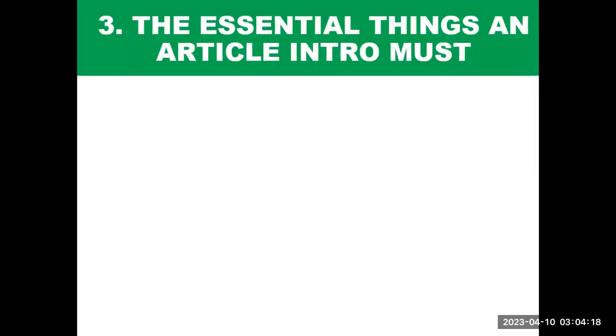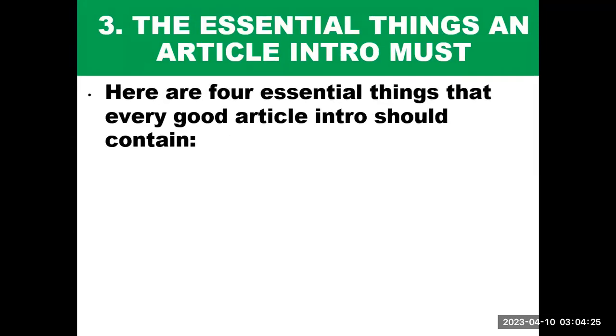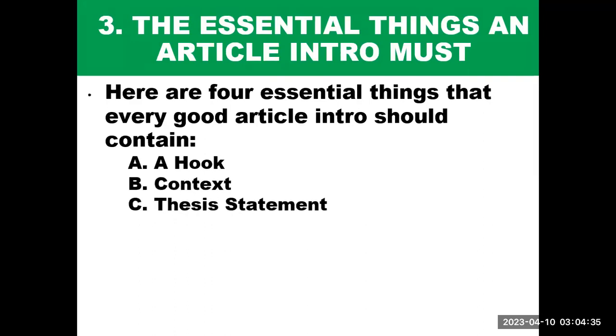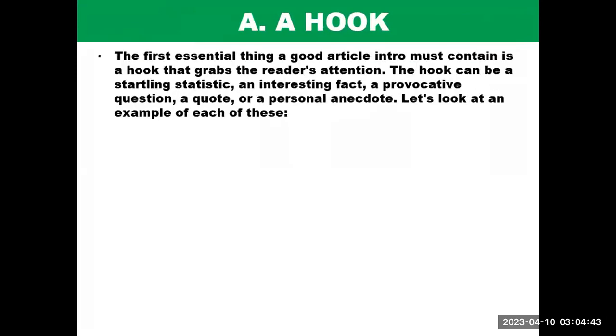Now, let's begin to examine the essential things an article intro must contain. Here are 4 essential things that every good article intro should contain: A, hook; B, context; C, thesis statement; and D, transition. Let's examine them one by one, beginning with a hook.